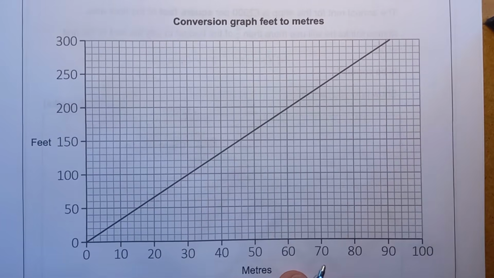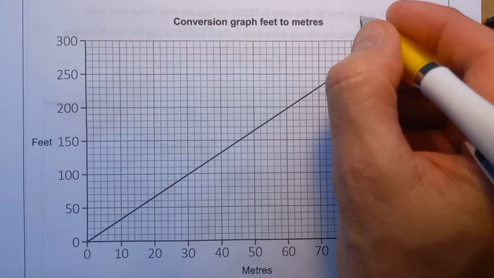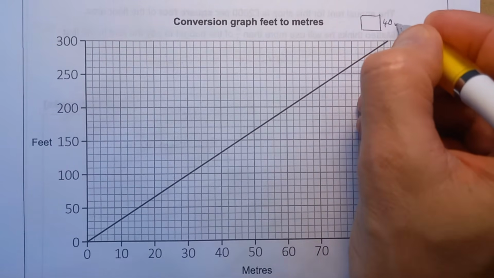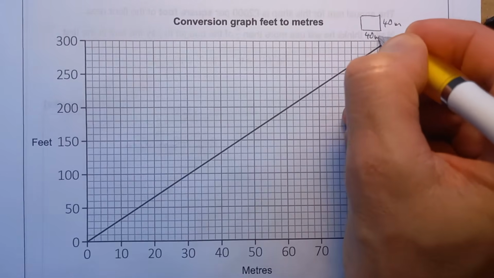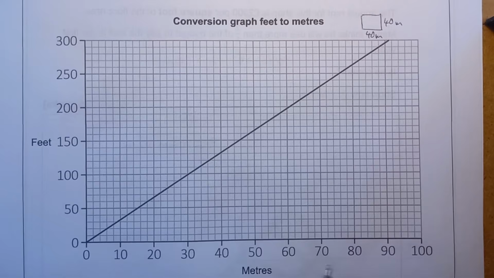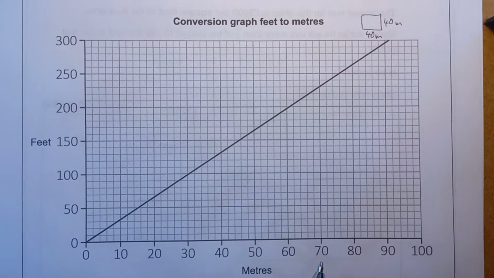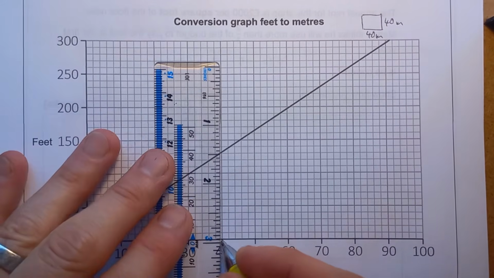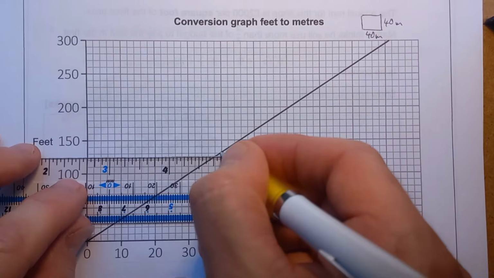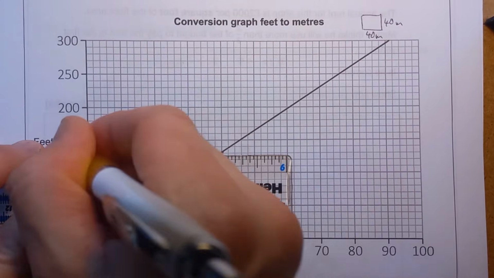So if I do a little square, so that's 40 metres this way and 40 metres that way. So I'm going to use this graph to work out what would 40 metres be in feet. Well, here's 40 metres. So we're going to read up and then across.